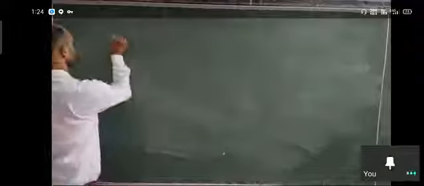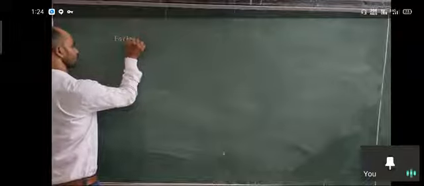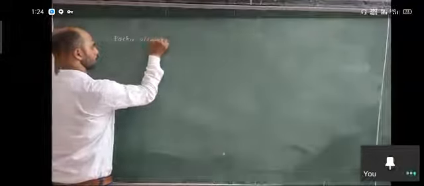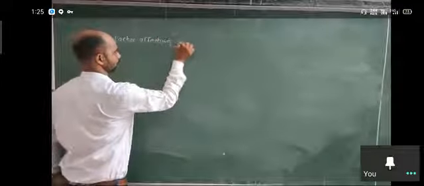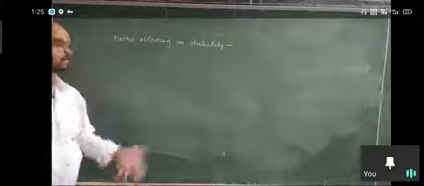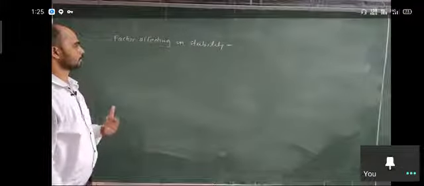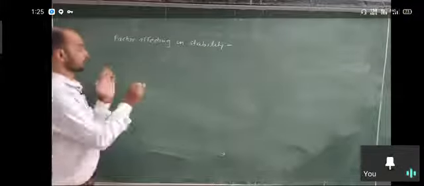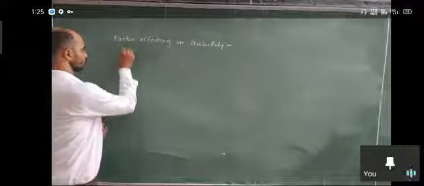And the last point is factors affecting the stability of complex. Then we will stop. Once a complex is stable or not, it will depend on different kinds of factors. So here we are going to study.